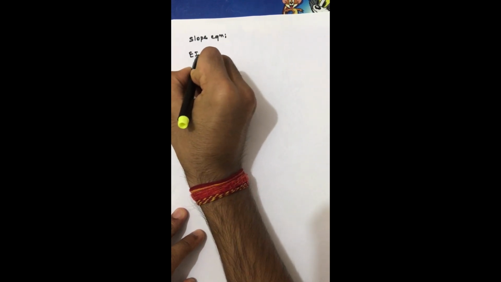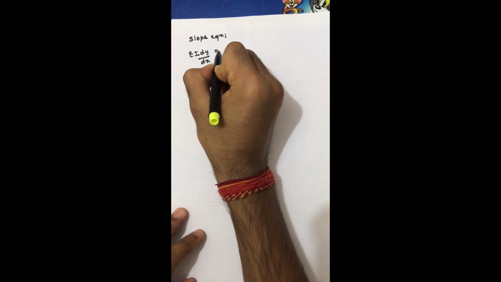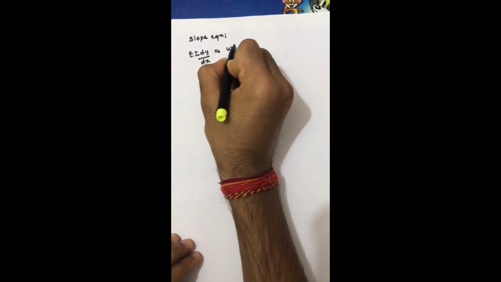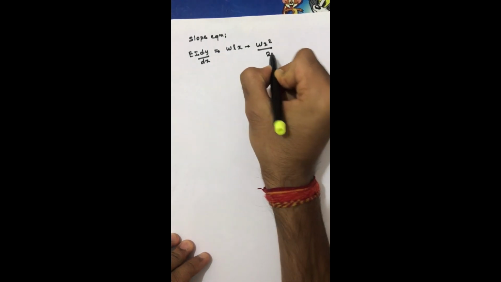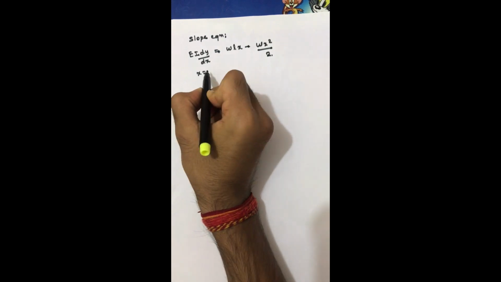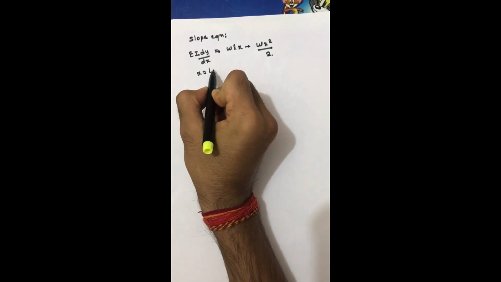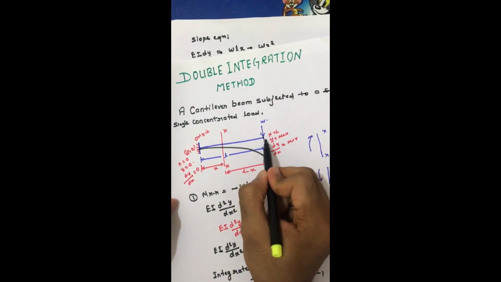I am using the slope equation first. EI dy/dx equals w L x minus w x square divided by 2. Here if I put x equals L, I will get maximum slope. Why? Because at x equals L only do I get maximum slope.